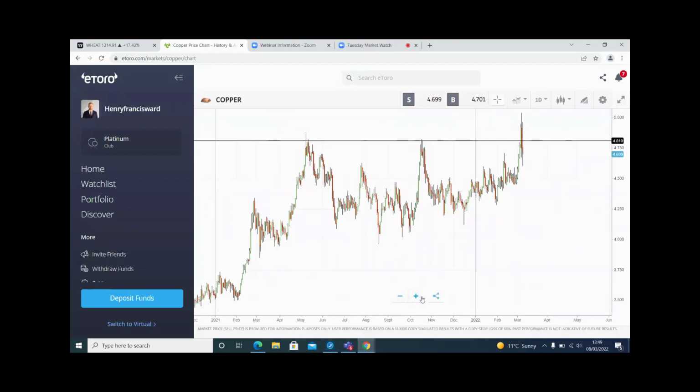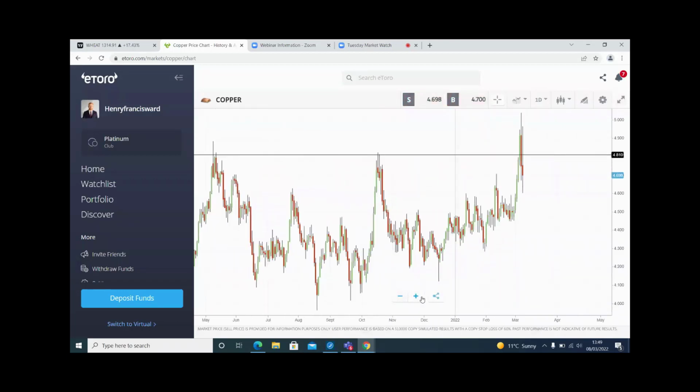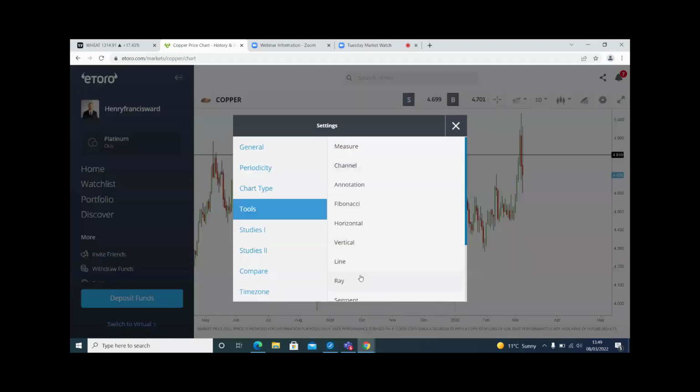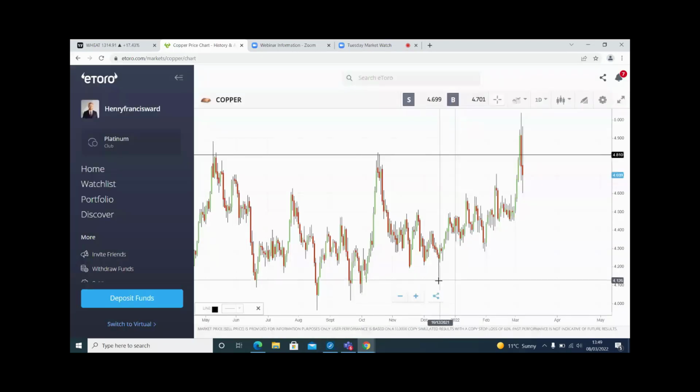We've now popped back inside. So if that potentially pops back to the trend line, there's a potential buy there. But copper is probably the least trending of the commodities at the moment. So it's not that important to be trading the likes of copper.